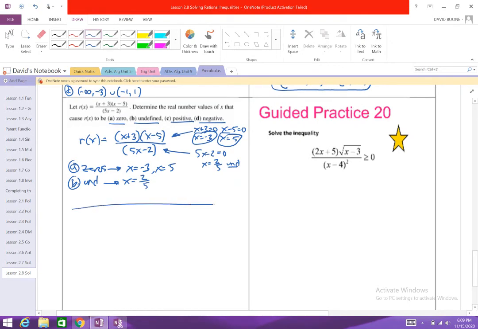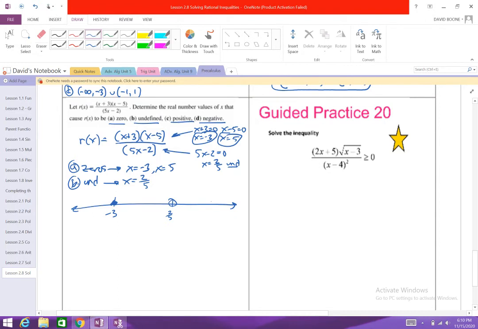So those give me the points on the number line that I've got to be concerned about. And I can just mark those here. So they're at negative 3. Again, I can make a solid dot on that because that's where it is 0. The 2/5, so I'm just going to arbitrarily put that right there. That's where it's undefined, so I'm going to make an open circle.